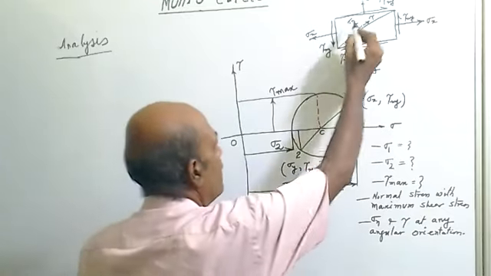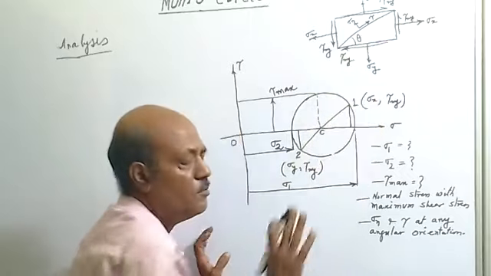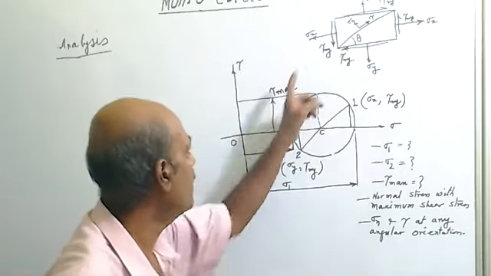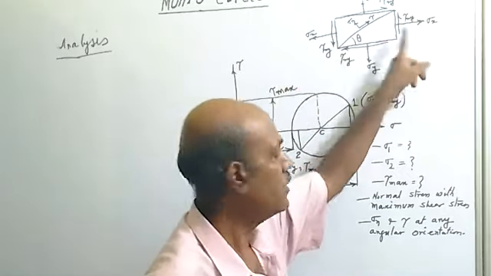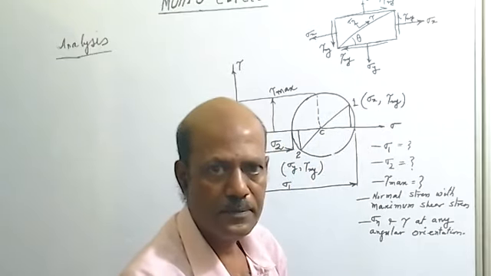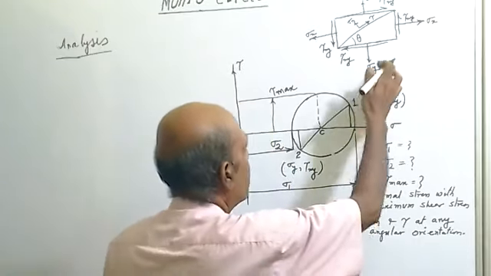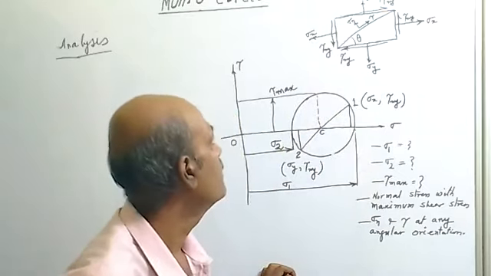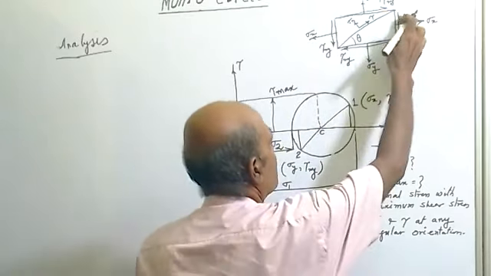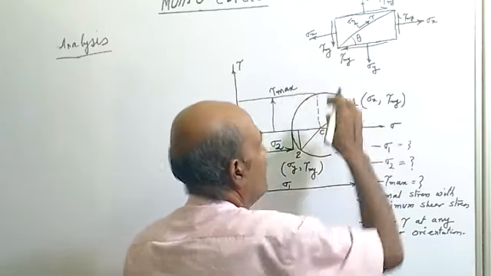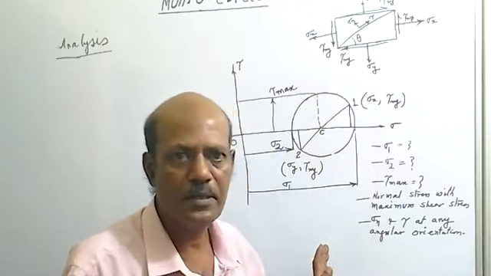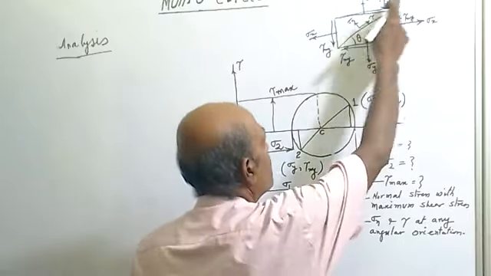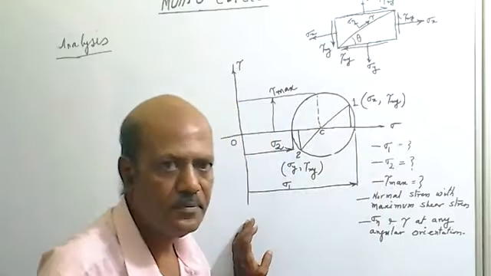Now this is the stress condition or stressed body, in which it is seen that along x-axis sigma x stress is acting, along y-axis sigma y stress is acting, as well as tau xy shear stress acting on x face in anti-clockwise direction, and on y face it is in clockwise direction.